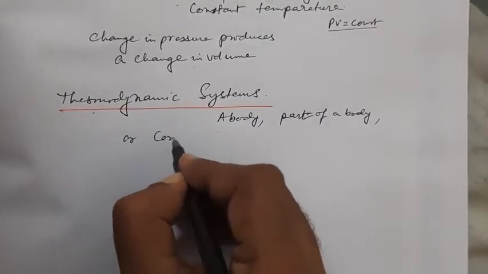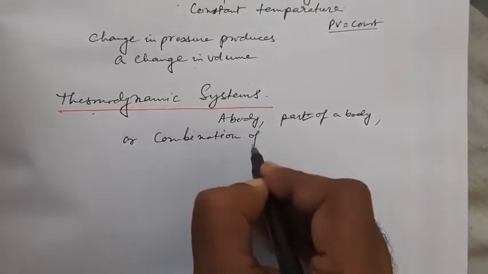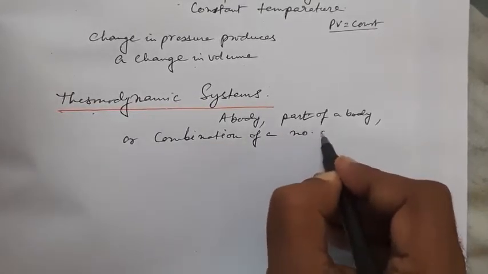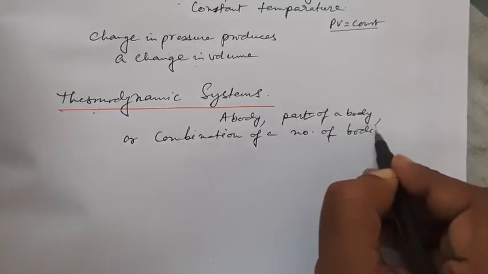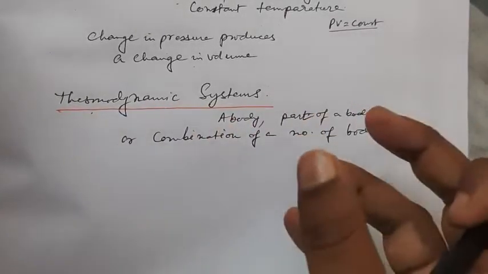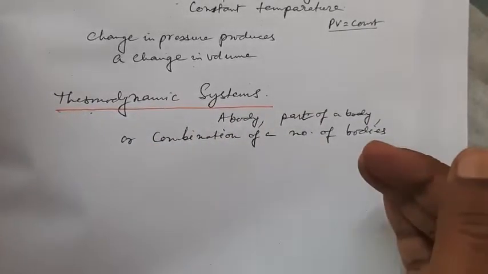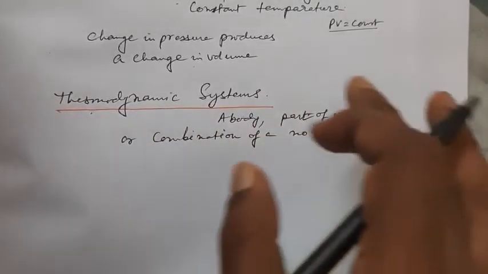That means it can be one single body, a part of a body, or a combination of any number of bodies. This is called a thermodynamical system.